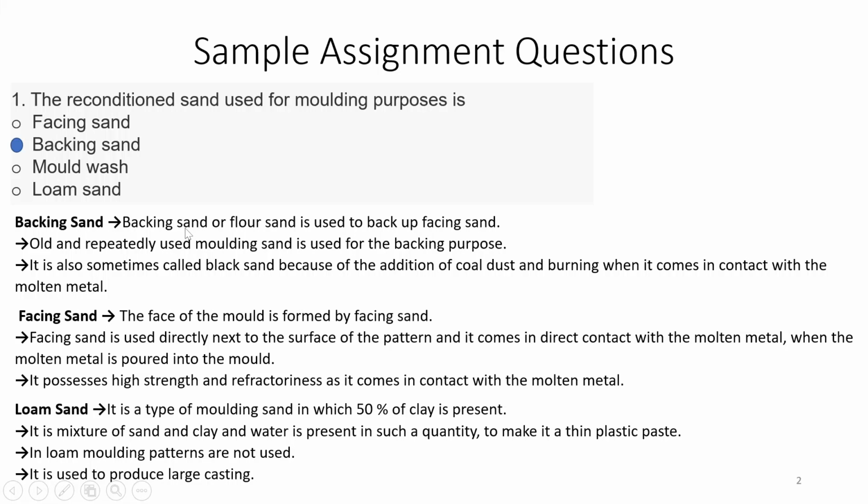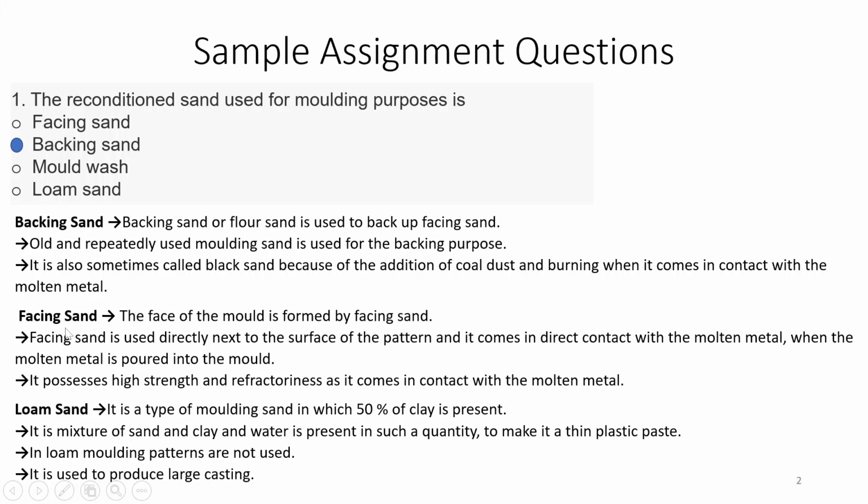It should have high refractoriness, and it is old and repeatedly used molding sand. It is also sometimes called black sand because of the addition of coal dust and burning when it comes in contact with the molten metal.